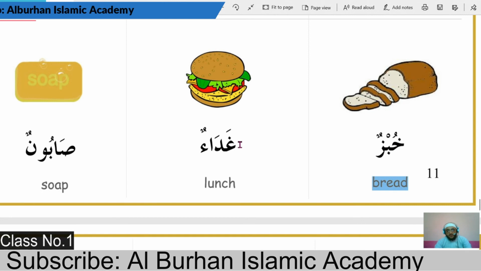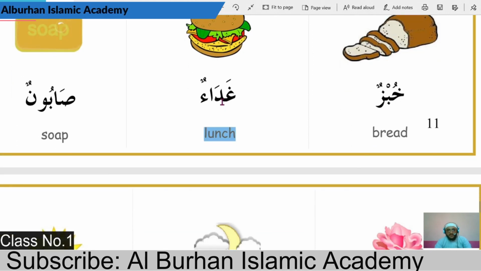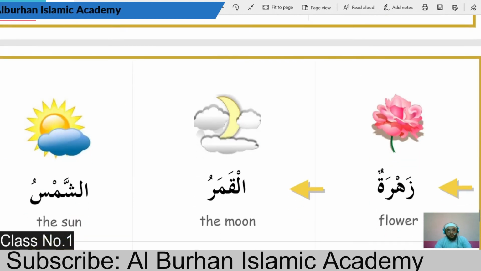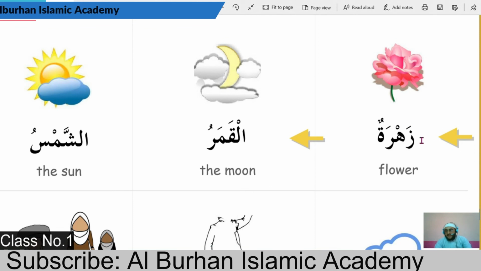Okay, next, غداء. غداء used for lunch, just like lunchtime. صابون. صابون used for soap. زهرة. زهرة used for flower. القمر, the moon.